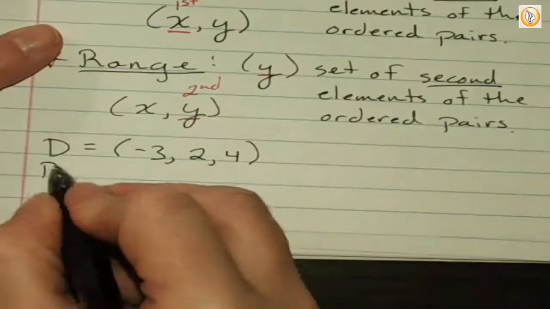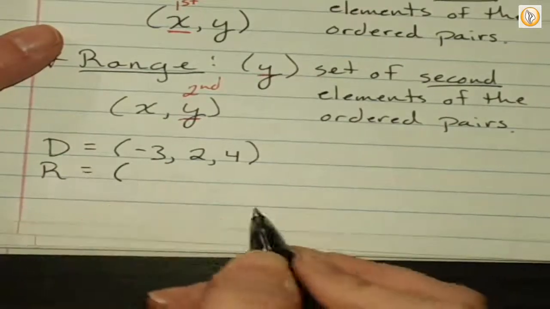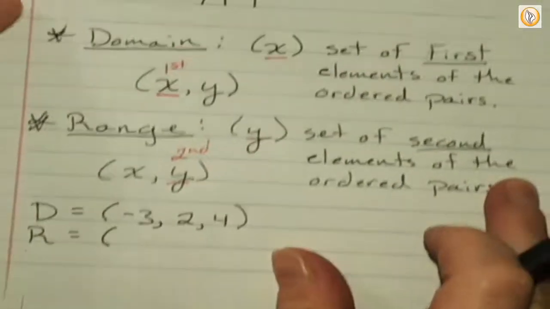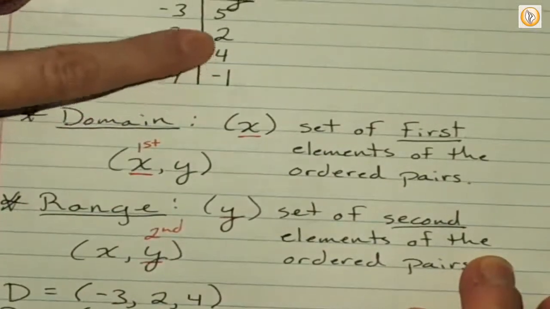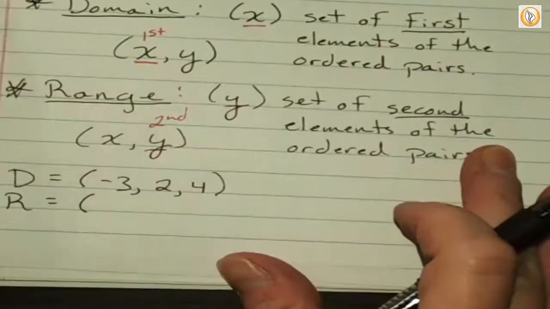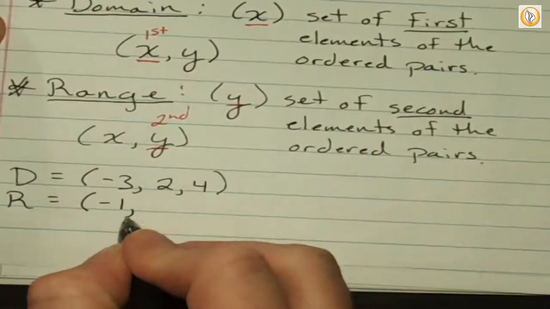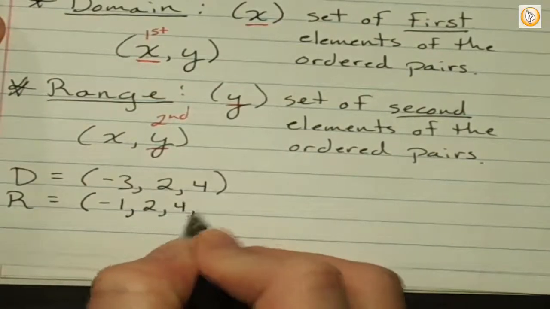And then the range, again, you're going to list all of your Y's in order from least to greatest. -1, 2, 4, and 5.